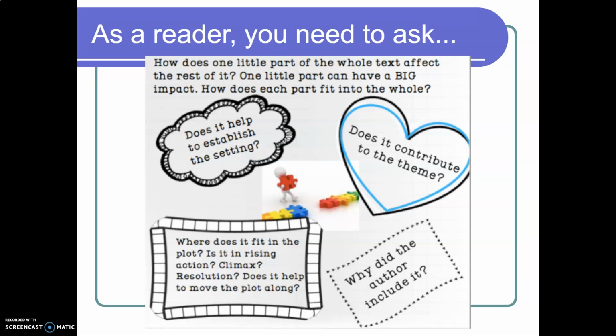That is the part where we start figuring out, okay, the theme is starting to develop. And then at the end, when he says, I will not work for Dr. Milk, I will not go hunting, that also contributes to the theme, because the theme of that particular story was that you can be your own person. Where does it fit in the plot? Is it the rising action, the climax, the resolution? Does it help to move the plot along?